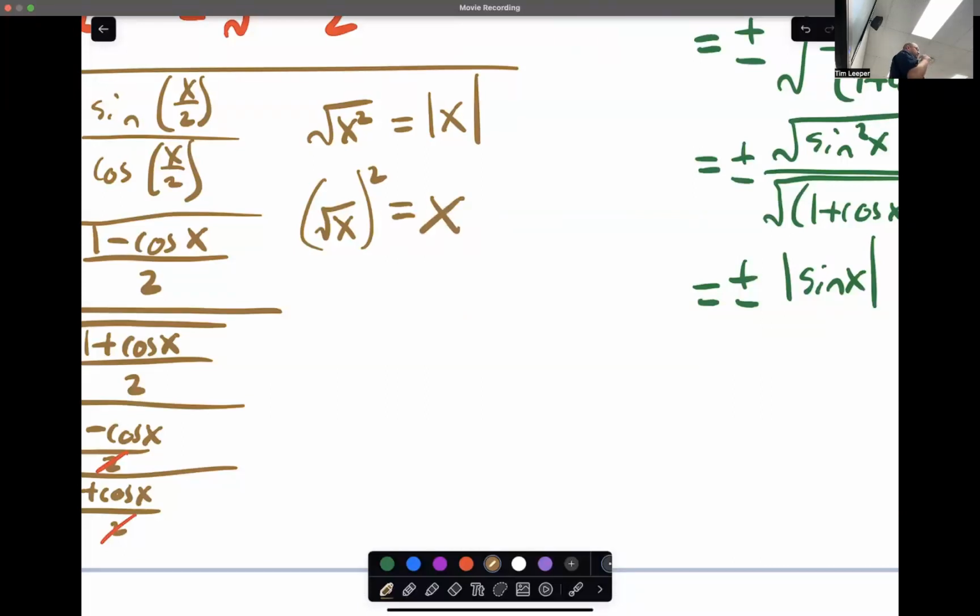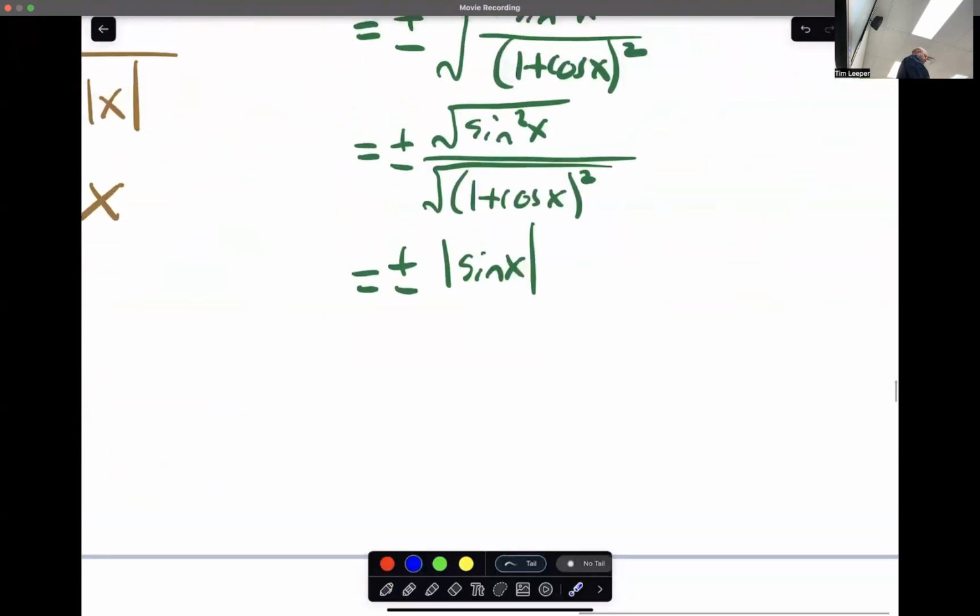But it does matter where the squared goes here. So over here, when you have the square root of sine squared of x, that's just going to give you the absolute value of sine of x. And then all over in the denominator, the square root of 1 plus cosine of x all squared. You might think it's the absolute value of 1 plus cosine of x. And you're correct, it is.